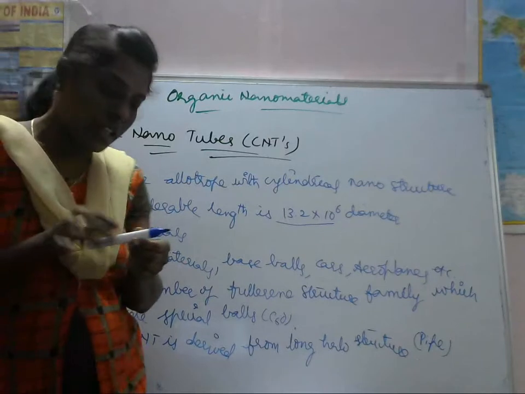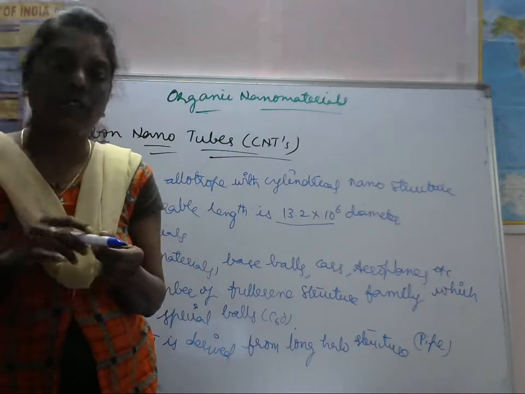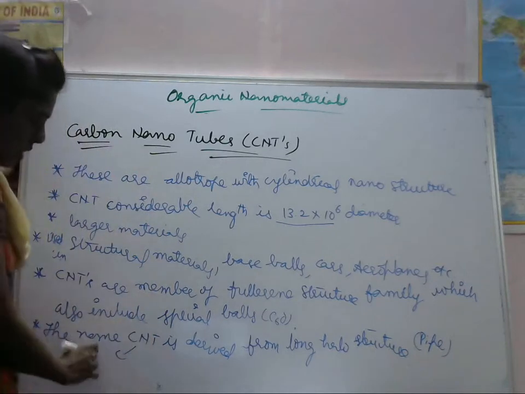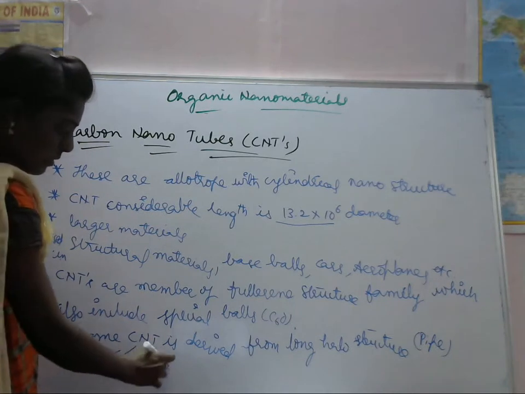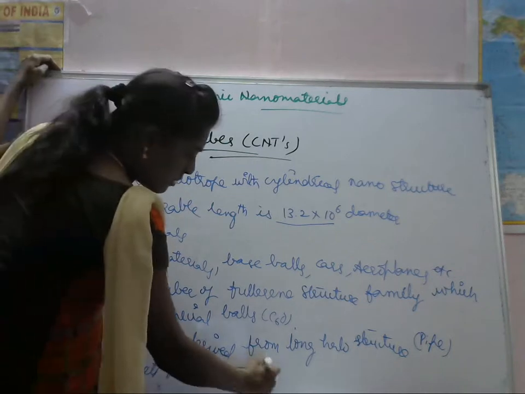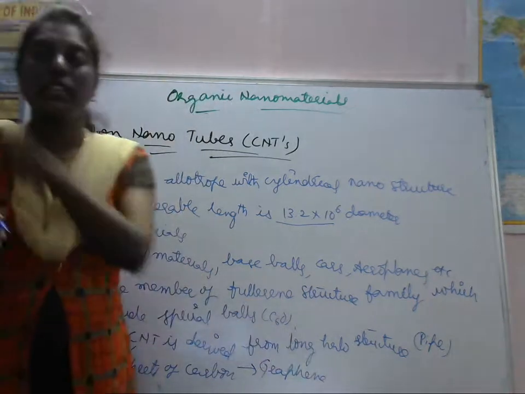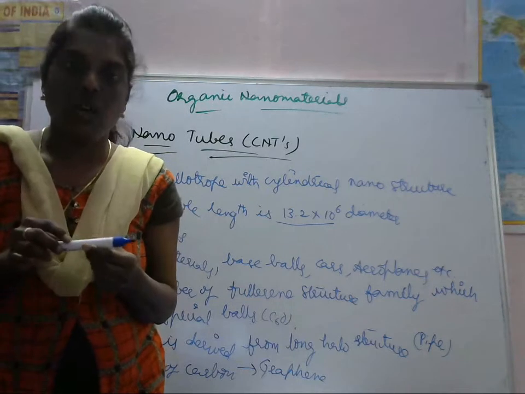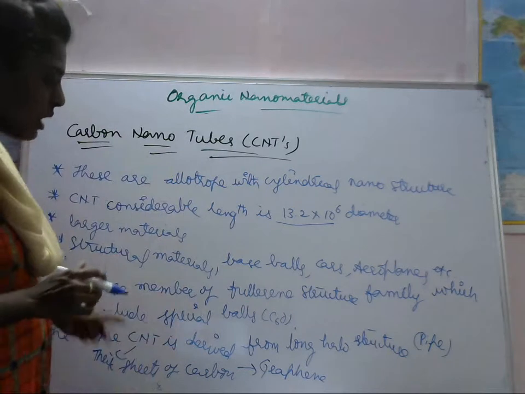These walls are formed by thick sheets of carbon. If the walls are made up of thick sheets of carbon, carbon frames, then it is called graphene.